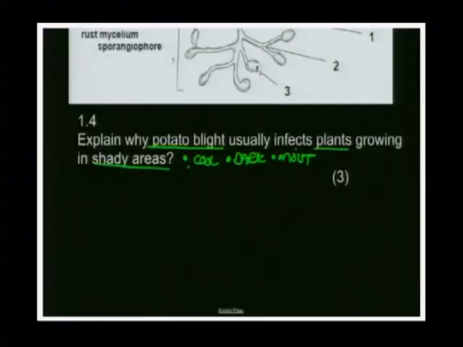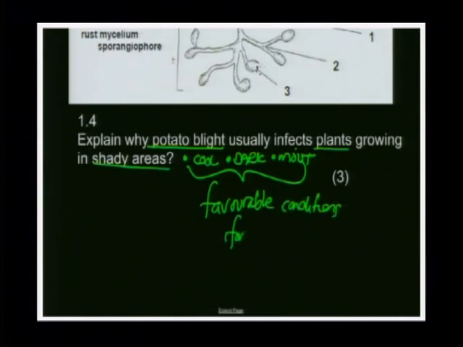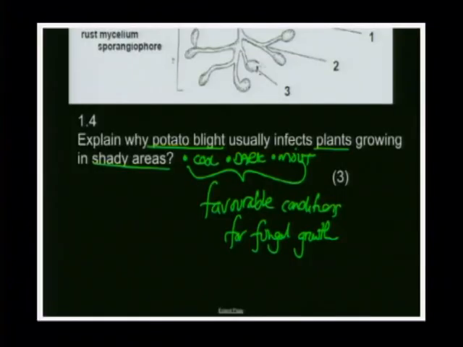As a result, these 3 conditions are all very favorable conditions for fungal growth. Remember, that's why your cheese sandwich grew that fluff on it in your lunchbox. So fungi's favorite conditions are cool, dark, moist areas.